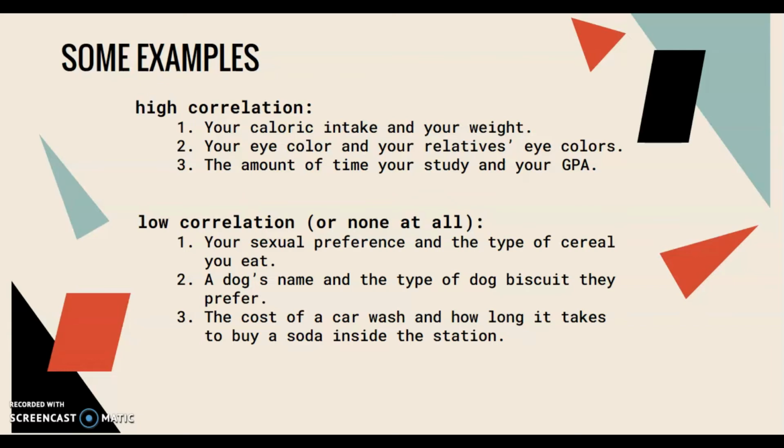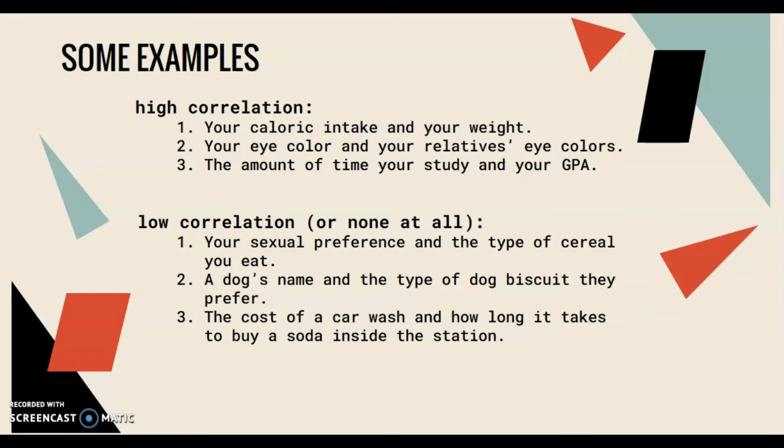Then we have your eye color and your relatives' eye colors. We know that eye color is hereditary, so it might have a high correlation. And the amount of time you study and your GPA, your grades.